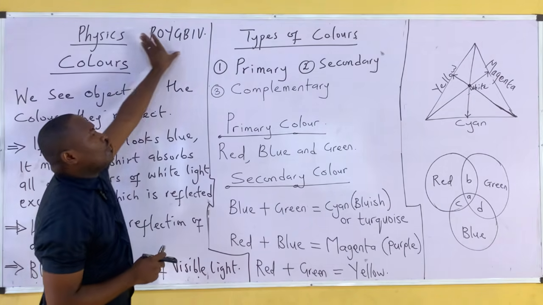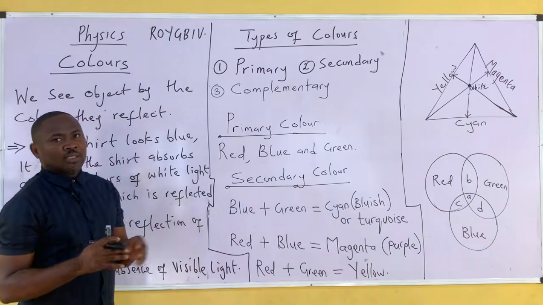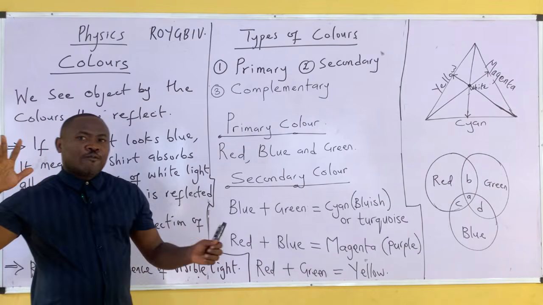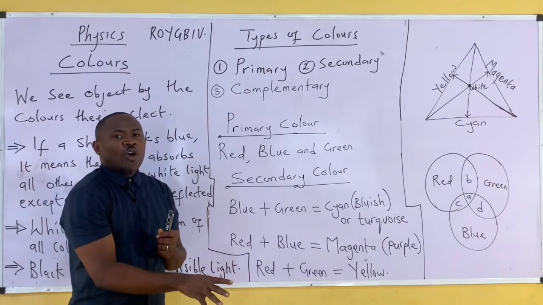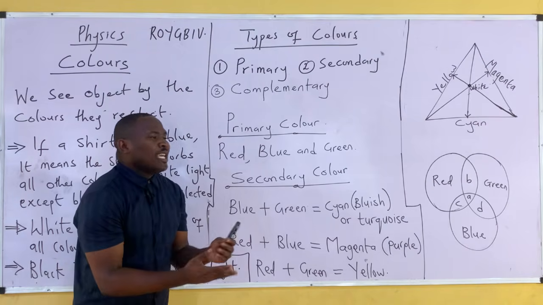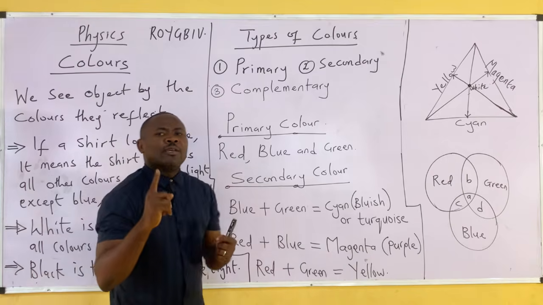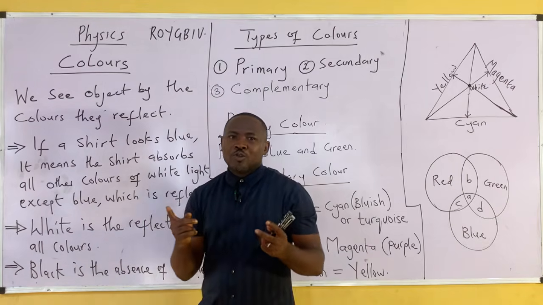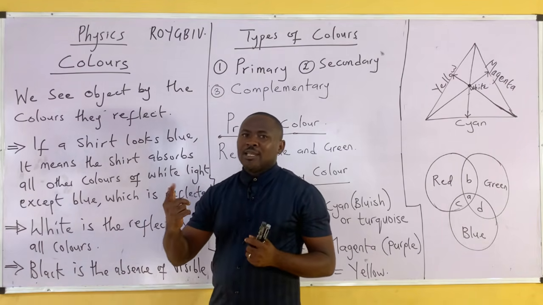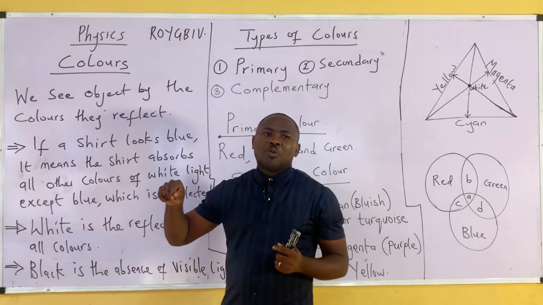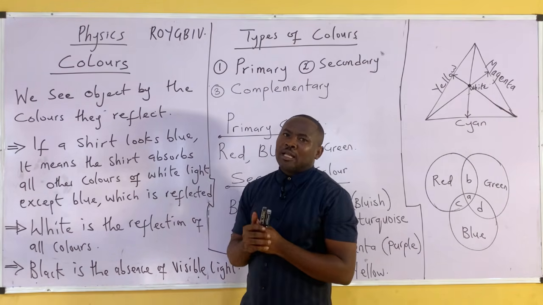So all of these make up white light. So all of these colors fall on the object. On falling on the object, it will absorb all others and only reflect one color. So that color it reflects is the reason why that object appears in that color.